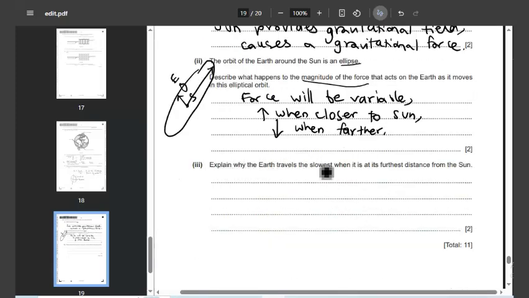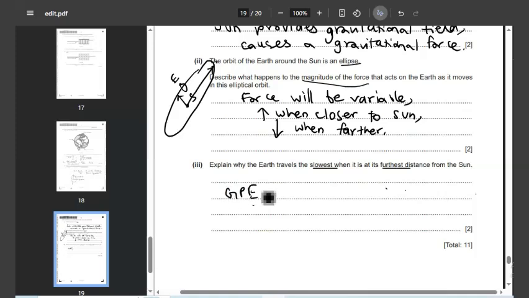Roman 3. Explain why the Earth travels the slowest when it is at the furthest distance from the Sun. So we have to explain why the Earth is traveling the slowest when it is at this part of the ellipse. The reason is that the gravitational potential energy will increase as the distance increases, and therefore the kinetic energy will decrease, so the speed will be least.